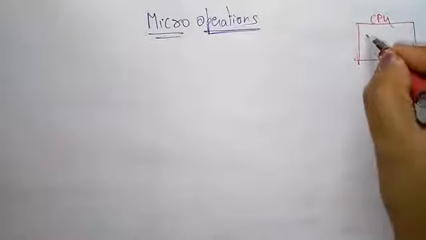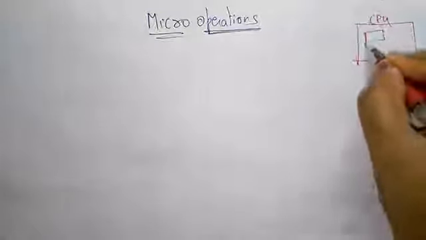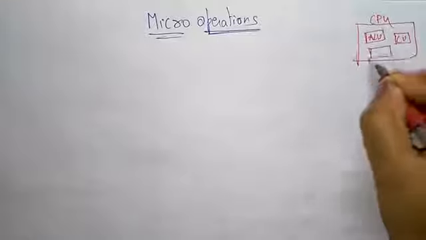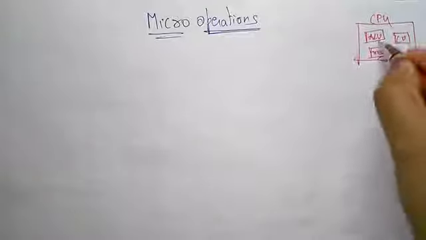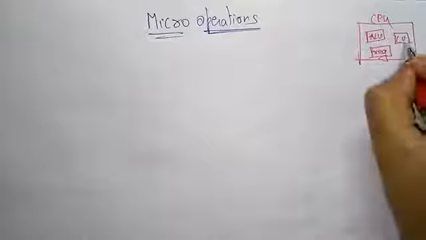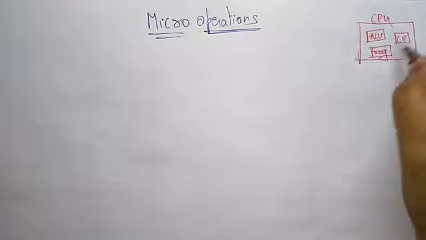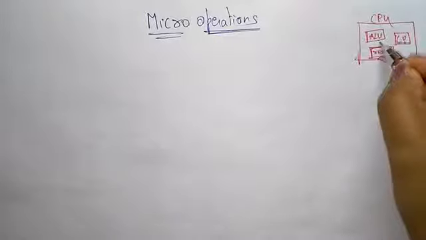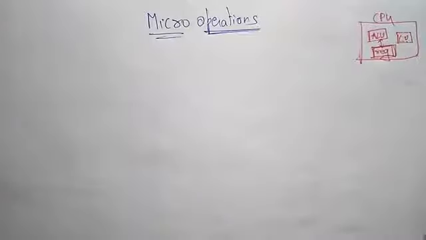The CPU, that is the processor, consists of the arithmetic logic unit, the control unit, and registers. The ALU performs the operations, the control unit controls the operations, and registers are used to store the data the processor has to execute.